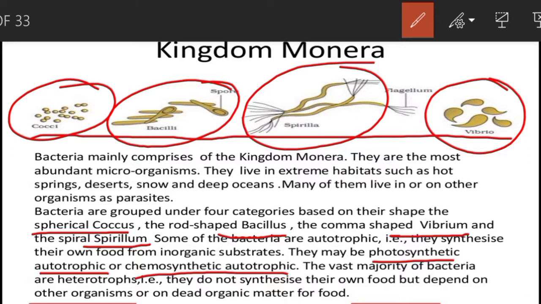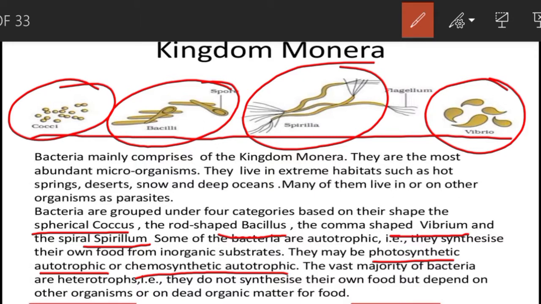The second type of heterotrophic bacteria are parasites. These are disease-causing bacteria called pathogens. Example, Salmonella typhimurium, which causes typhoid in humans. The third type of heterotrophic bacteria is symbionts.